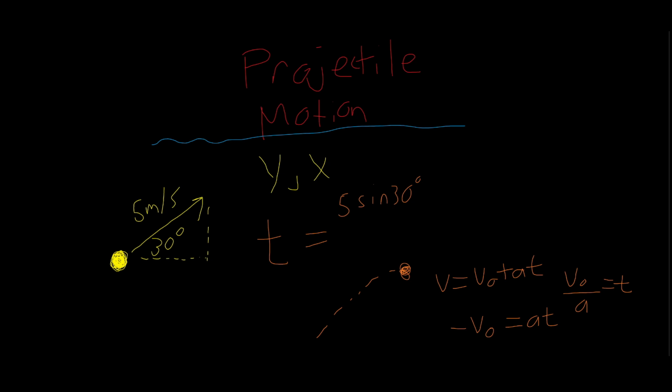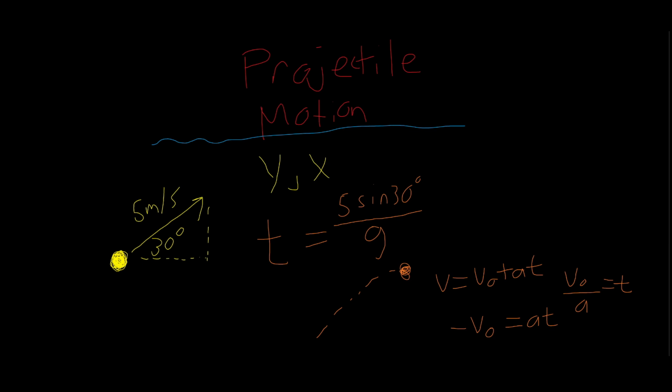And if this ball is going up to a maximum and falling back down, the time from its initial launch to its maximum is going to be the exact same time as from its maximum all the way back to the same level it was launched from. So our time equation is going to be, for this, 5 sine 30, over g, which is our acceleration.